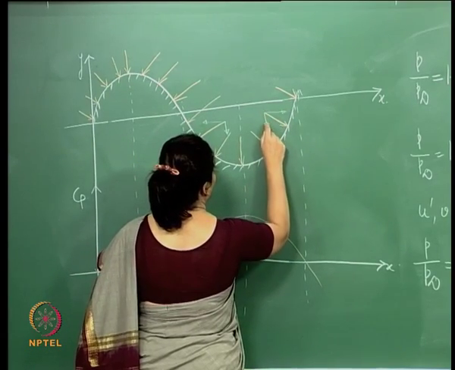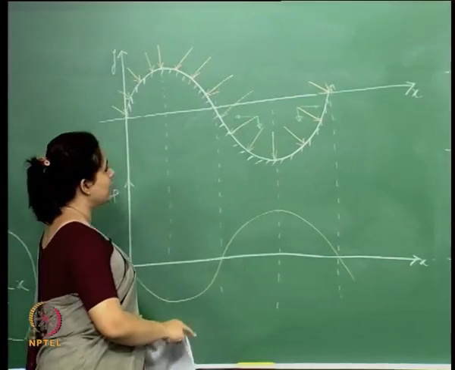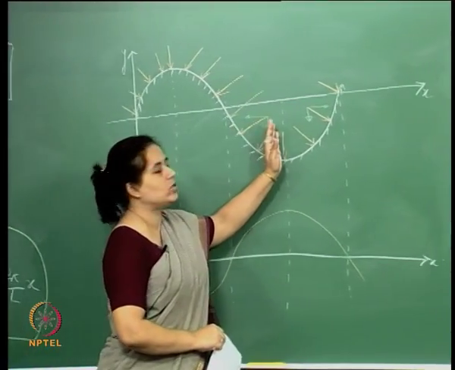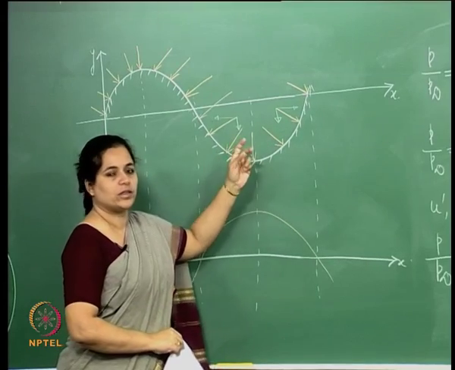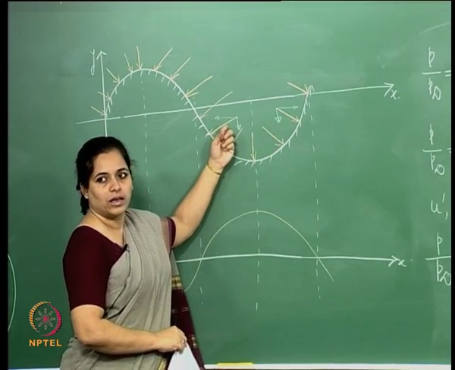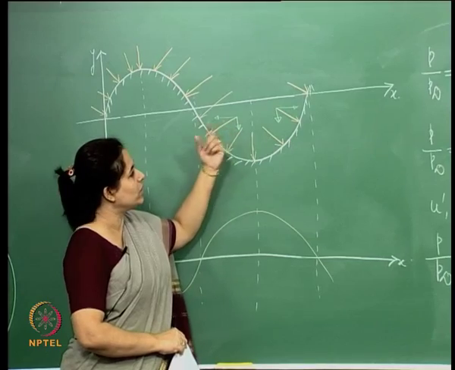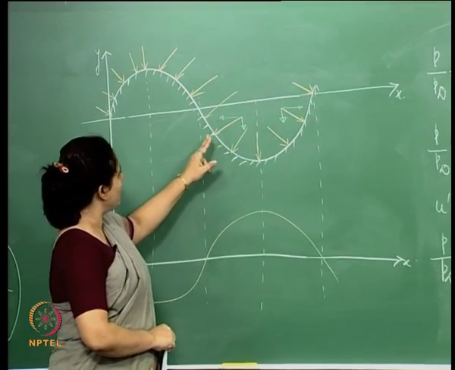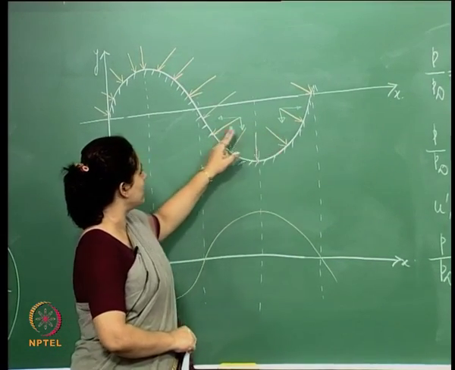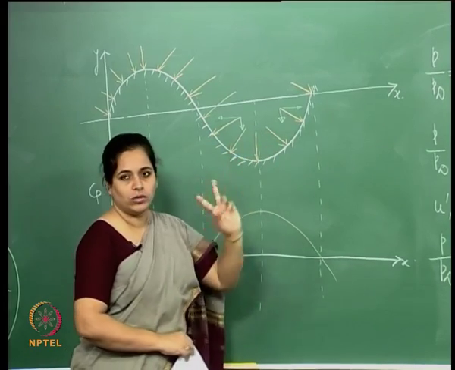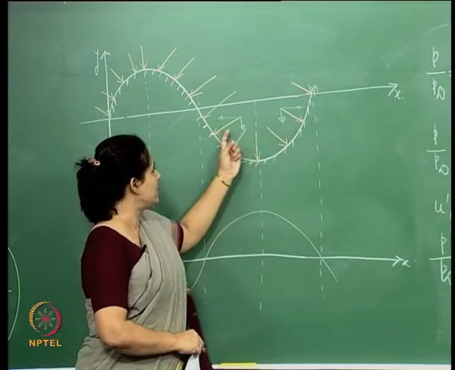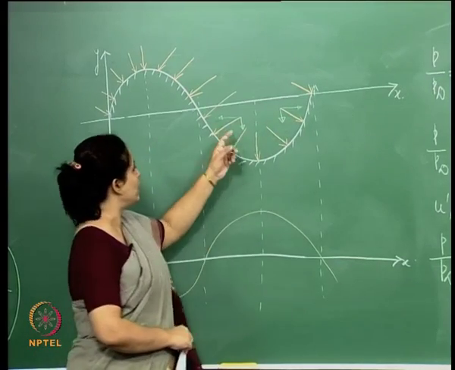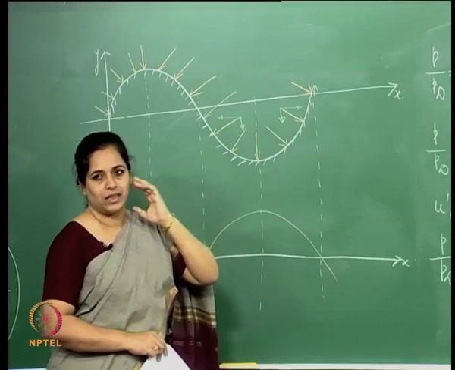When I say pressure vectors, I just mean these arrows, which denote the direction of the pressure, right. So I am taking exactly two, exactly opposite pressure vectors, and I am resolving them in the x and y direction.